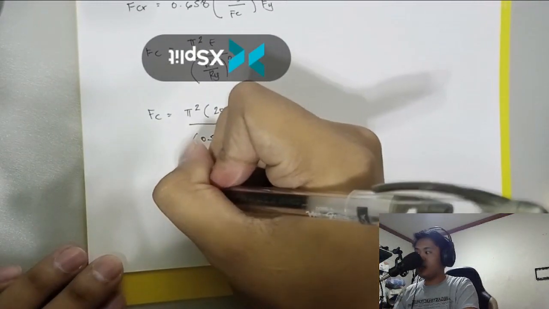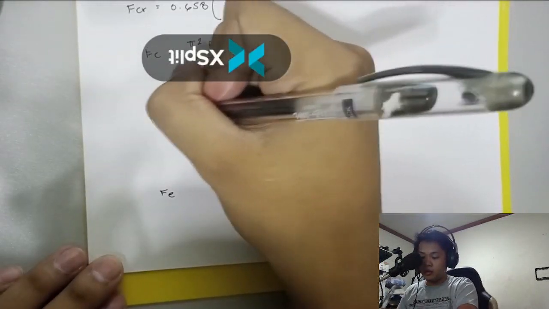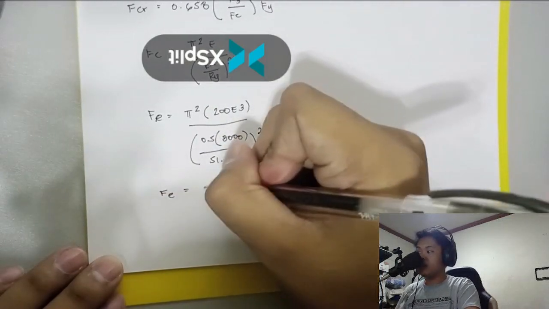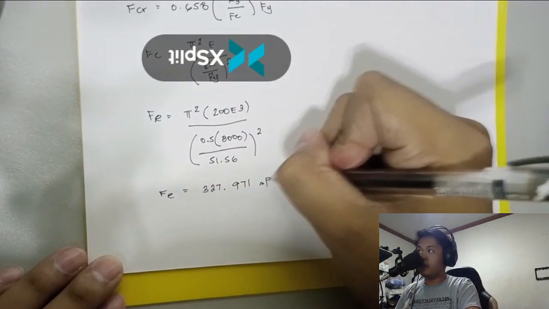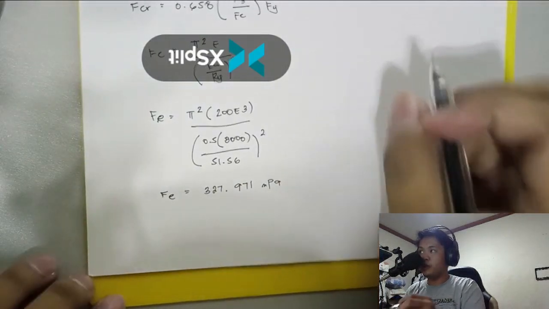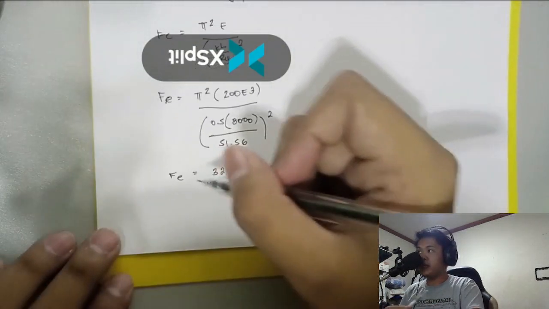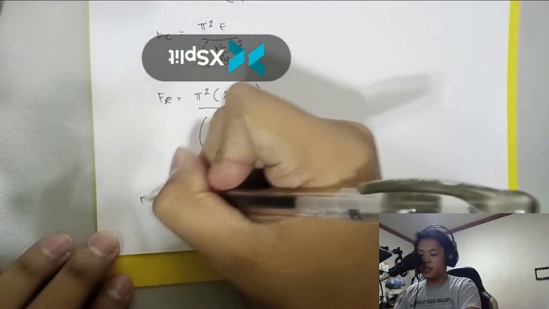So makakakuha tayo na value ng FE na 327.971 MPa.